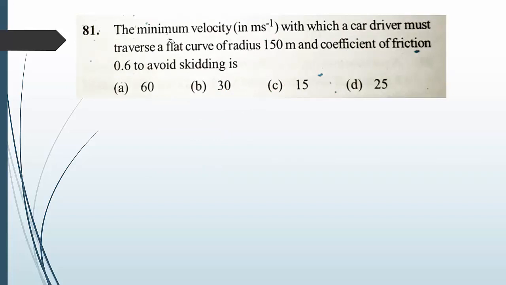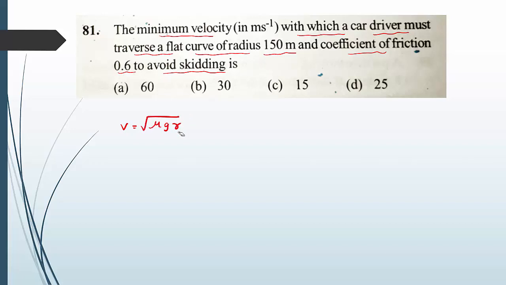81st question. The minimum velocity with which a car driver must traverse a flat curve of radius 150 meter, coefficient of friction 0.6 to avoid skidding is. So here the car is moving along a flat curved surface. Flat curve means we have the equation v equal to square root of mu g r.